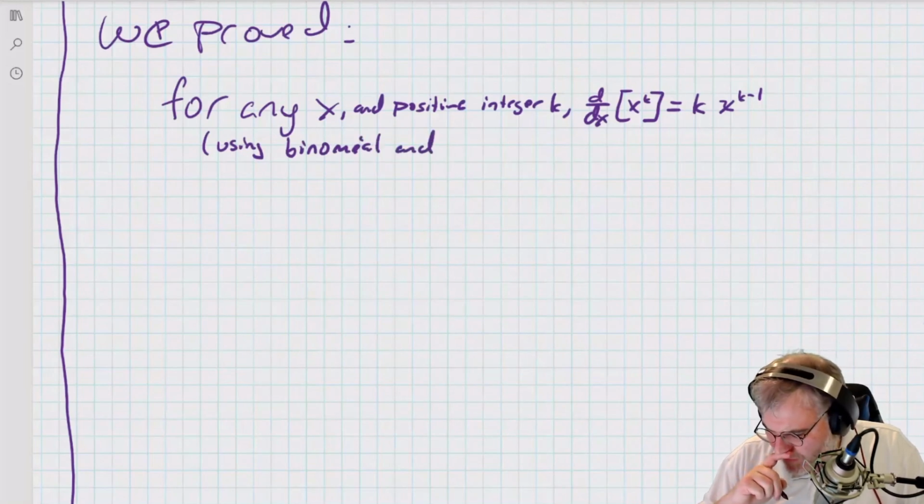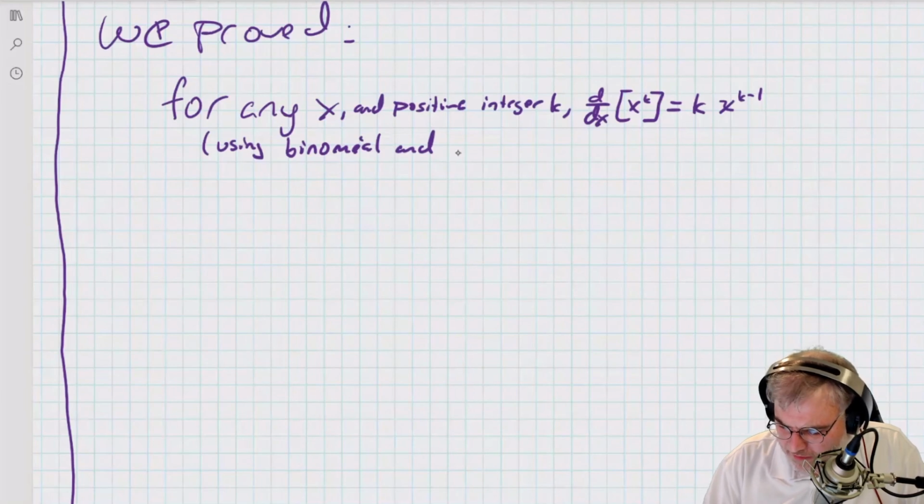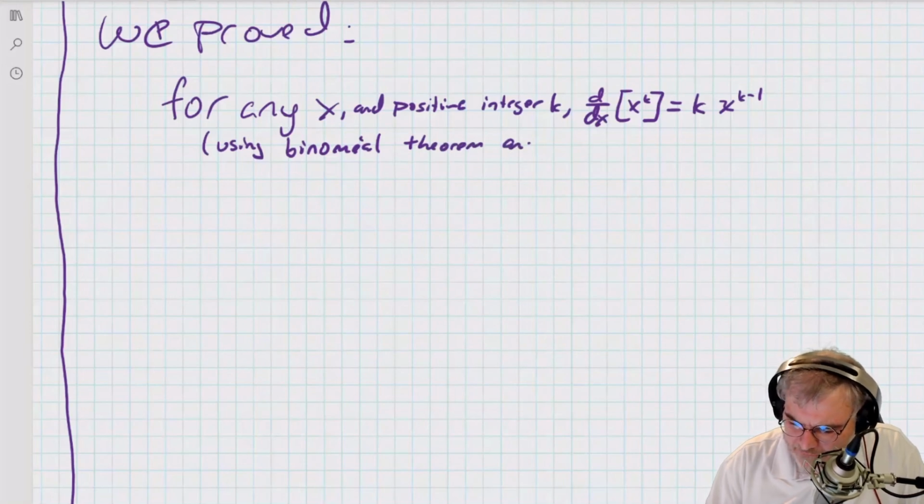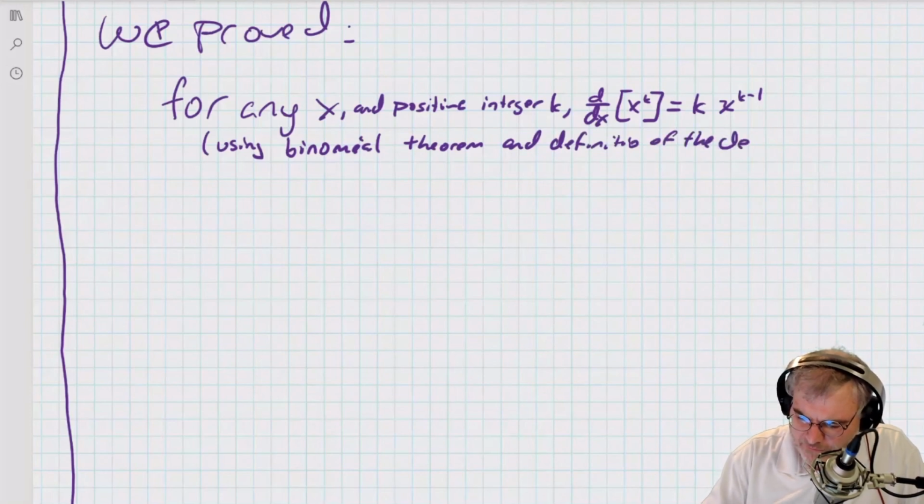In order to do that, we use the binomial theorem and the definition of the derivative. Okay, that was the first one we did.